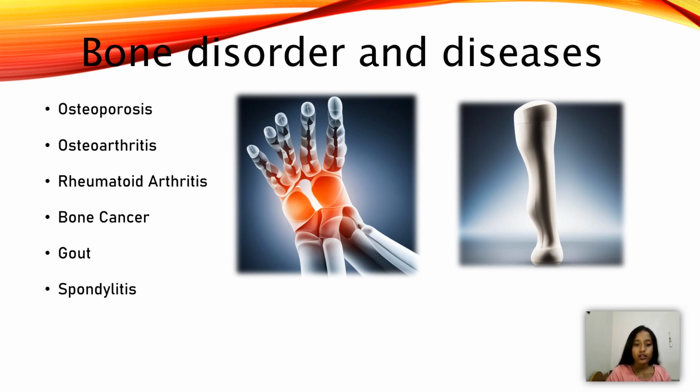Then gout. Gout is a type of arthritis that causes inflammation due to the accumulation of uric acid in the joints. It causes pain and inflammation in the joints, and can lead to deformities of the joints. Spondylitis is again an inflammatory condition which affects the vertebral column.